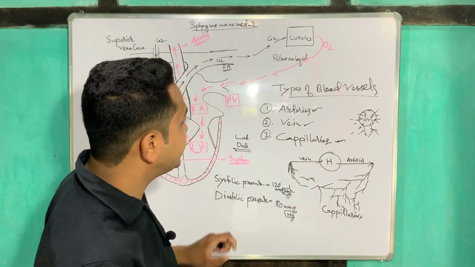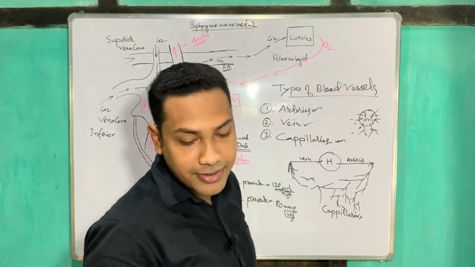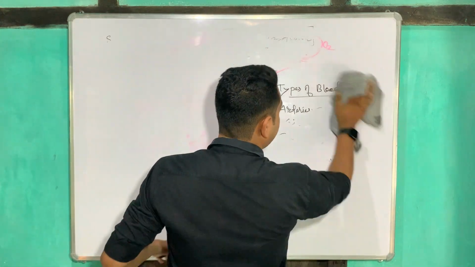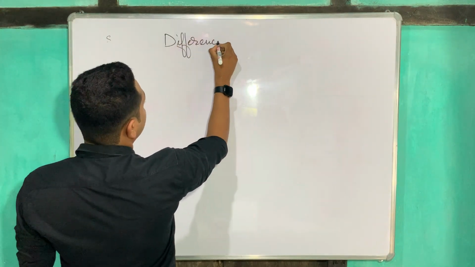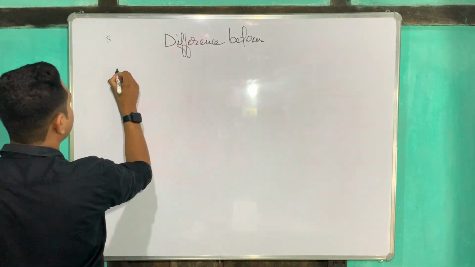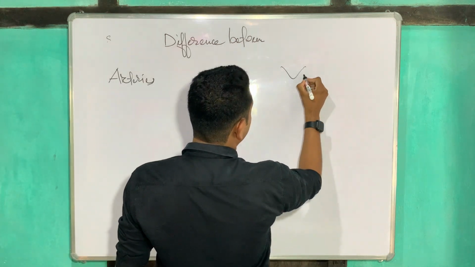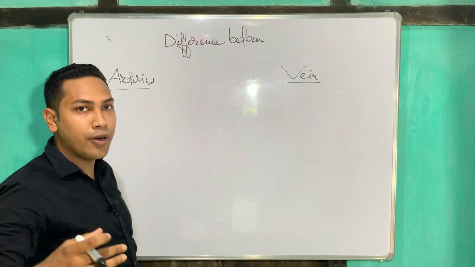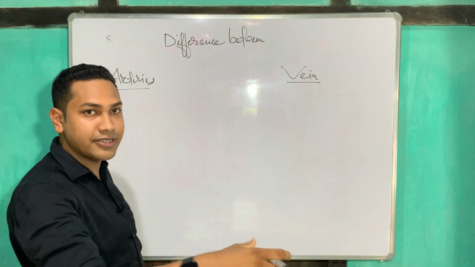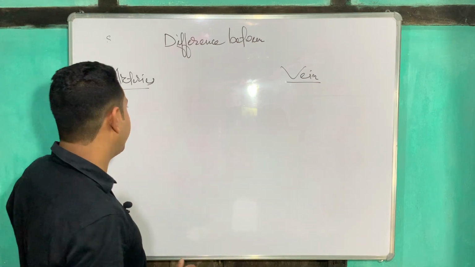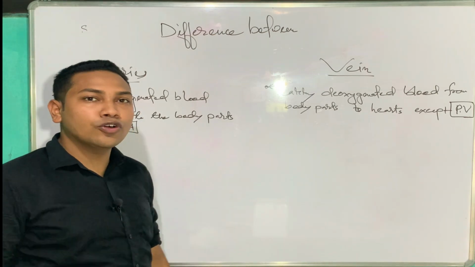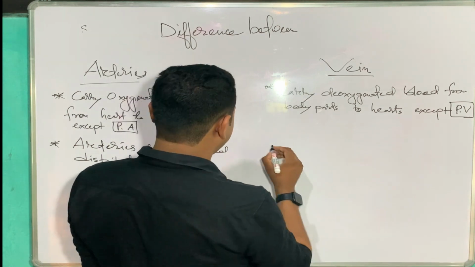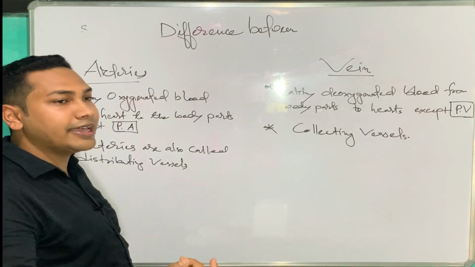Now let us try to understand the difference between arteries and veins. Now arteries carry oxygenated blood from the heart to the different body parts except pulmonary arteries. Arteries are also called distributing vessels, and veins are known as collecting vessels. They are thick and elastic.